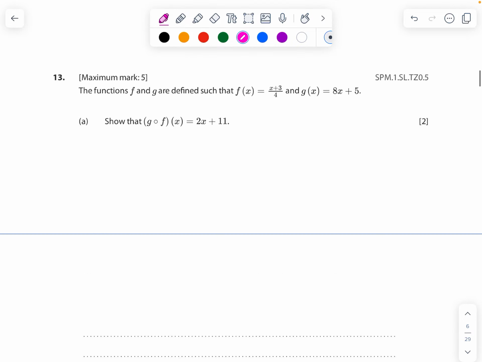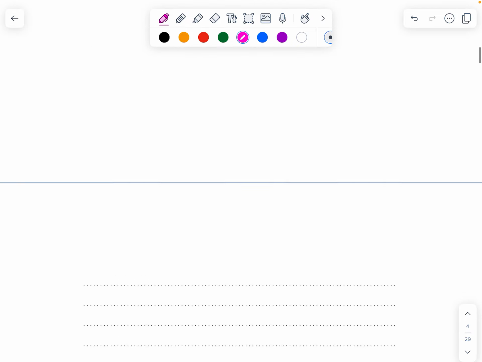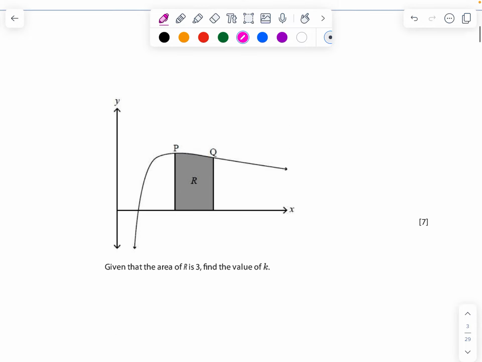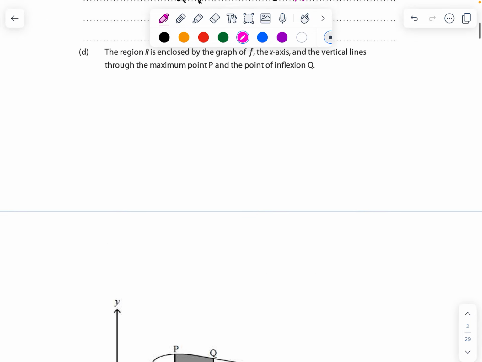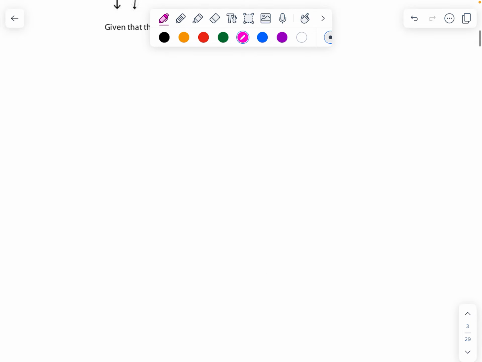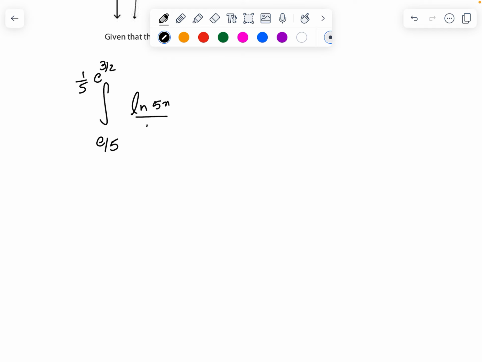So now I am going to the next question, to find the area. So what am I going to do? That integral from lower limit e upon 5 and upper limit 1 upon 5 e power 3 by 2, of ln 5x divided by kx dx.